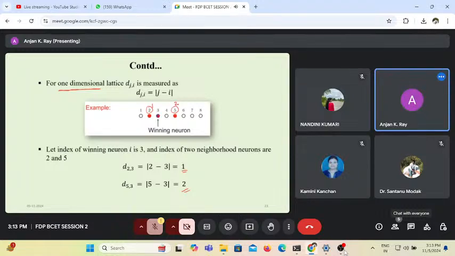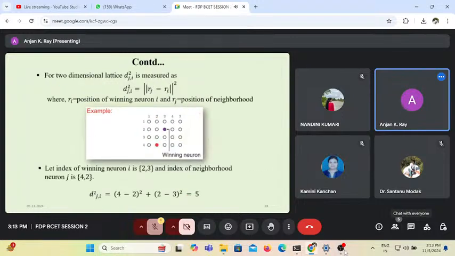If we move on to two-dimensional, the distance is measured like this. Let's say in this two-dimensional case, each neuron has two indices, and you may say that it's a row-column arrangement. So if this one becomes the winner neuron, its index is 3 and 3.